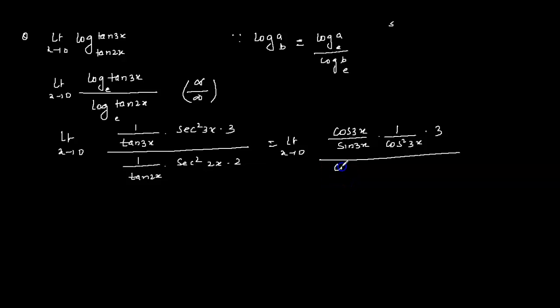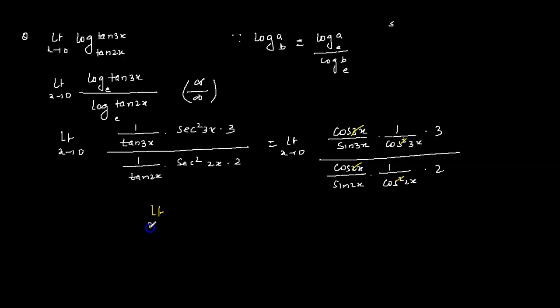Similarly, tan of 2x is sin of 2x by cos of 2x, and secant square is 1 upon cos square of 2x, into 2. Any doubt till here? Now we can cancel one part of the cosines.